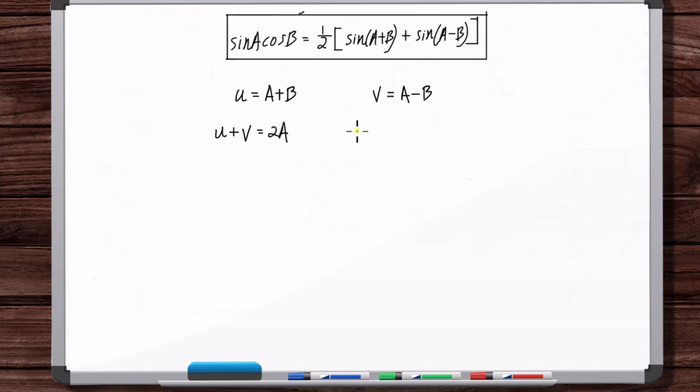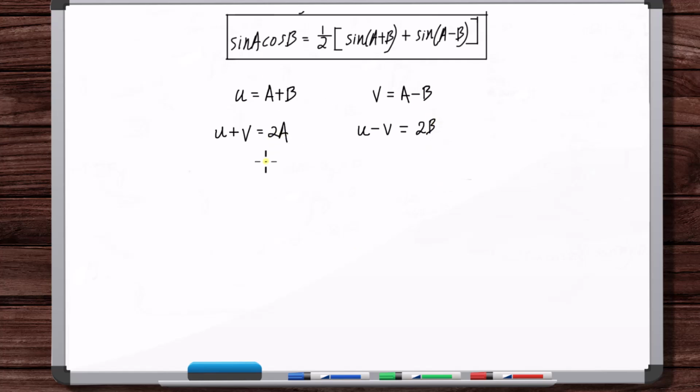Okay, now if we think about what is U minus V, that's going to be A plus B minus A minus B. So that's A plus B minus A plus B. So that's going to be 2B.